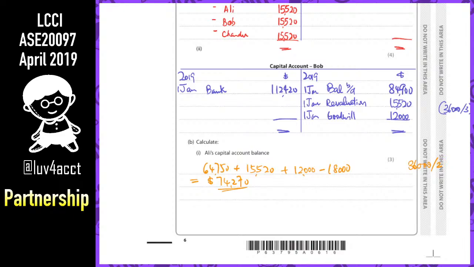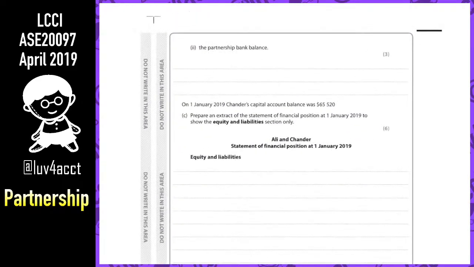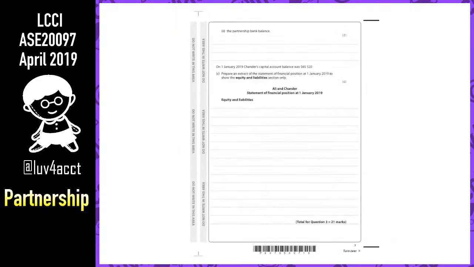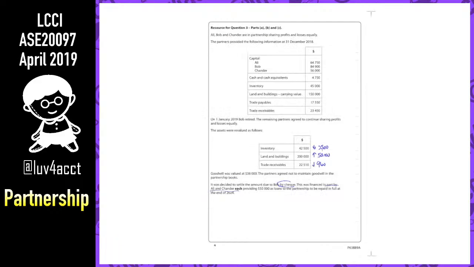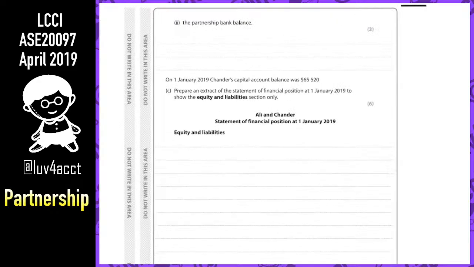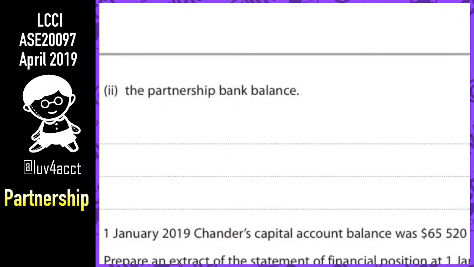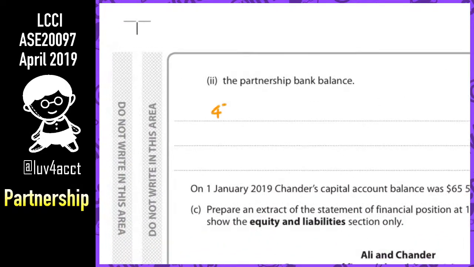Okay, finished for Ali. And then for the partnership bank balance, again we look back at how much balance. Cash and cash equivalent 4,750. So originally they have 4,750.